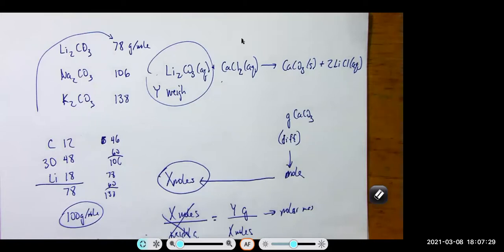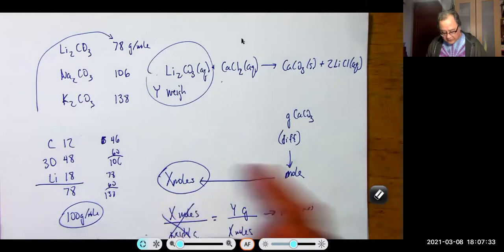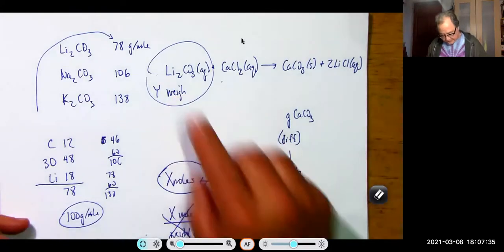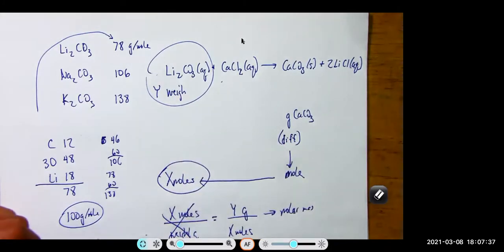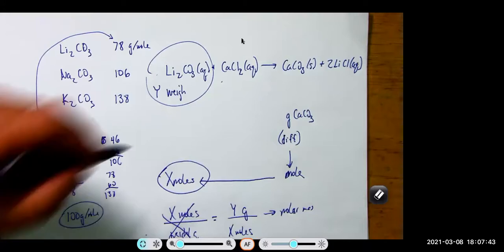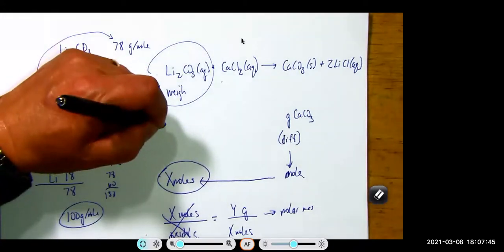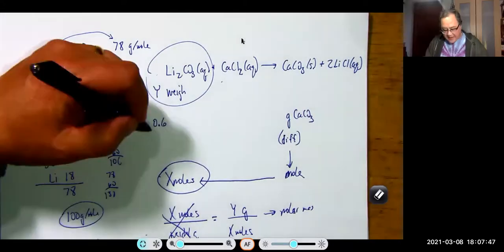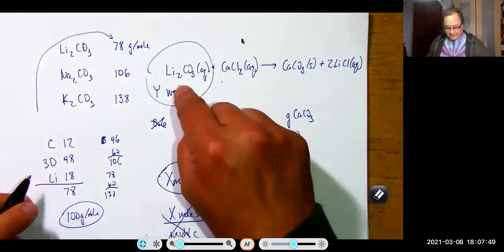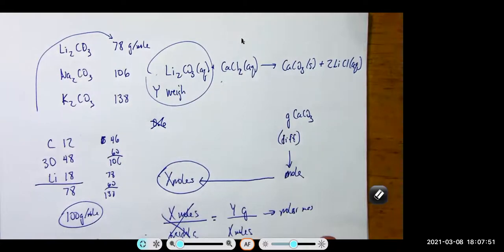Mine was 60. So how much of this stuff did you use? 0.6 grams of calcium chloride, CaCl2. Nope, not that. How much of this stuff did you use? 1.2. 1.2 grams?